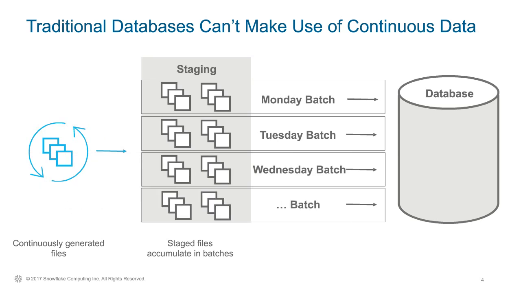Now, unfortunately, because of this methodology of batching things, daily, hourly, even every 30 minutes, the data in the database is going to end up being stale. And if not stale, then certainly not as available as the data is being generated.